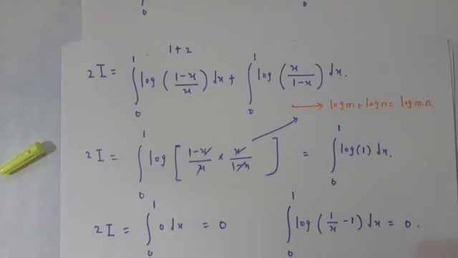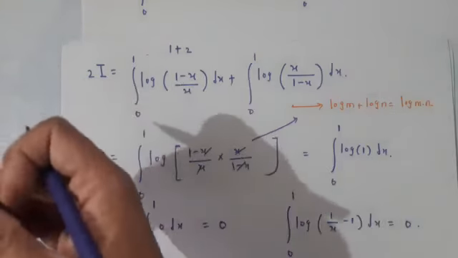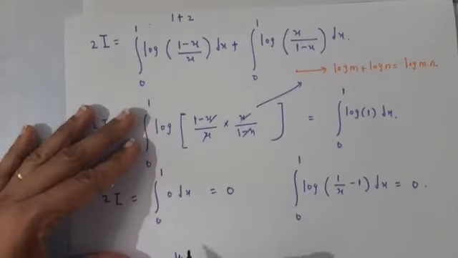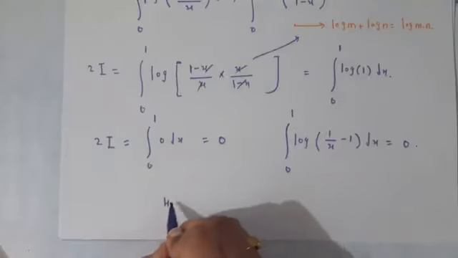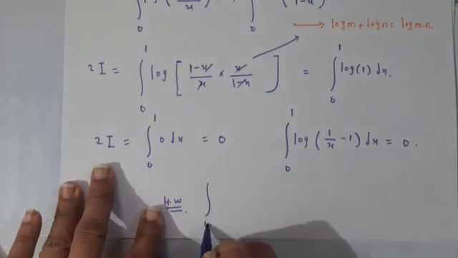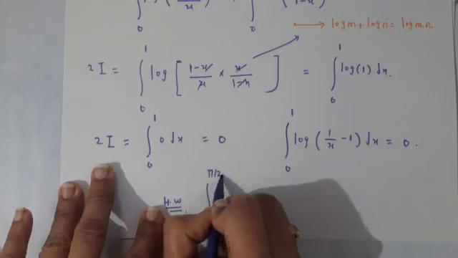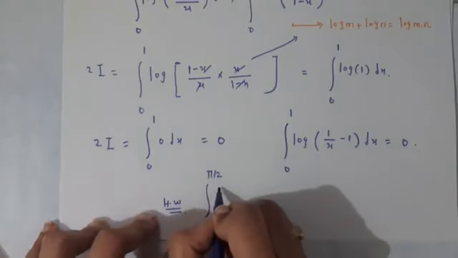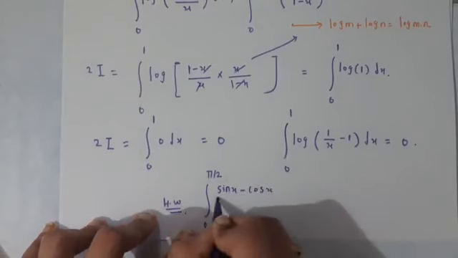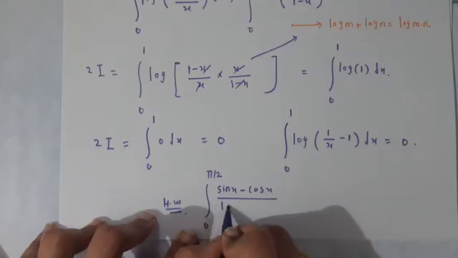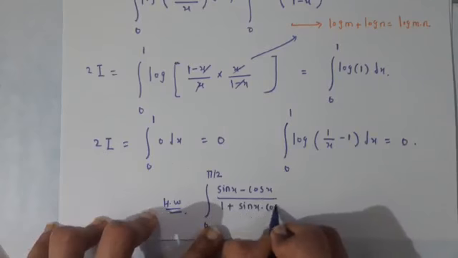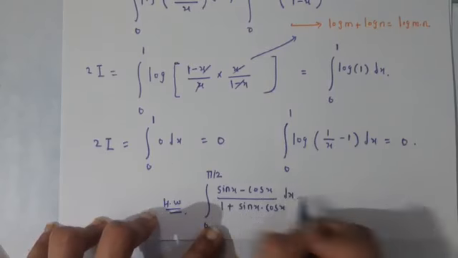Okay, now students, let us solve one example as a homework. The homework problem is that, evaluate the integration 0 to pi by 2 of sin x minus cos x upon 1 plus sin x into cos x with respect to x.